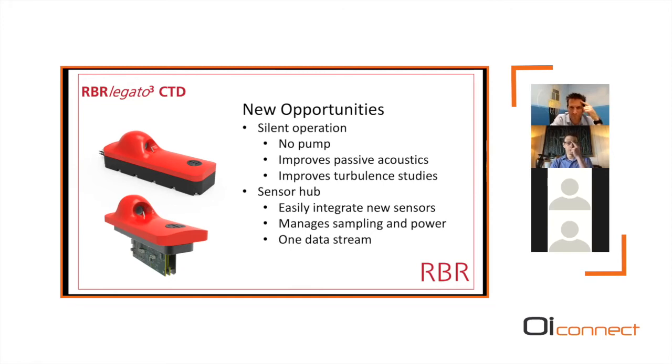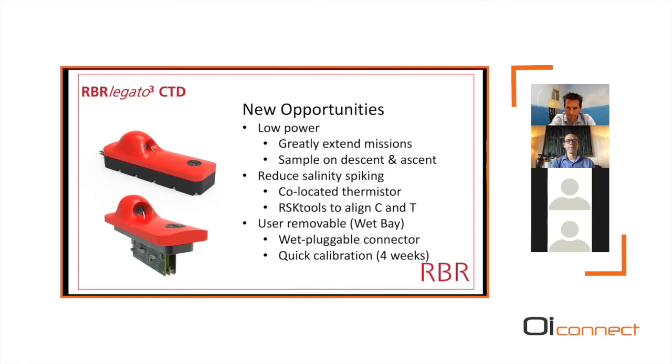So there are certain opportunities, again, as mentioned: silent operation, passive acoustics, and also improved turbulence studies. And I mentioned already the sensor hub, allowing management into just a single data stream. Again, I think the same benefit that we found for the Argo program: extended missions. You can sample both on descent and ascent.